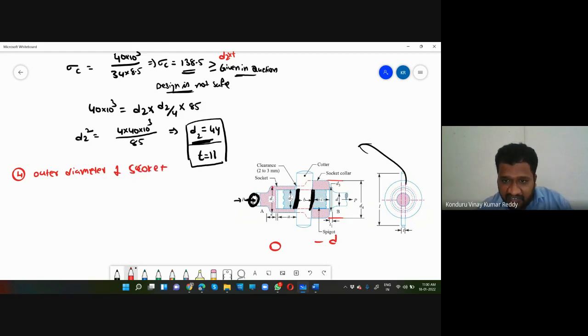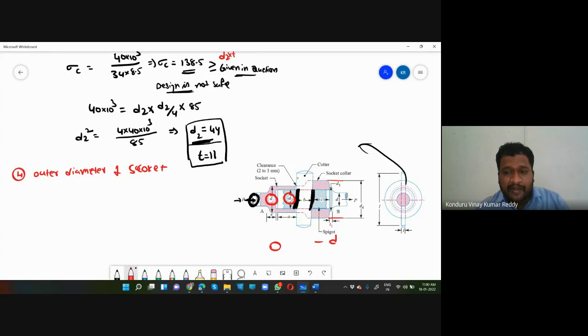See here, D2 is the internal diameter and D1 is the external diameter. If you want, you can see this clearly in the figure. D2 is the internal diameter for the socket, D1 is the external diameter for the socket, whereas D2 is the external diameter for the spigot.